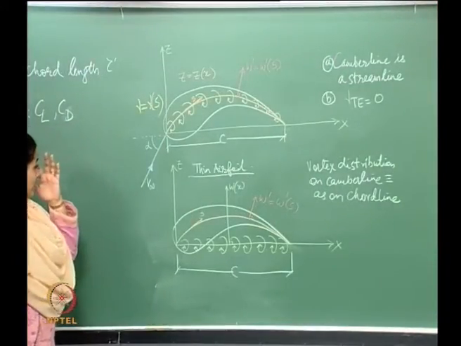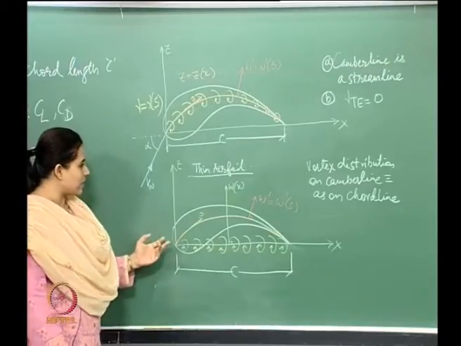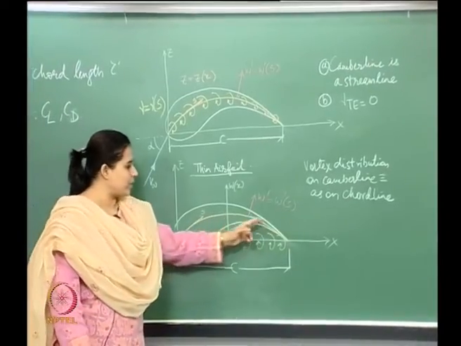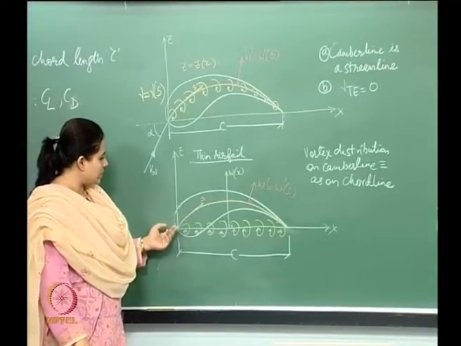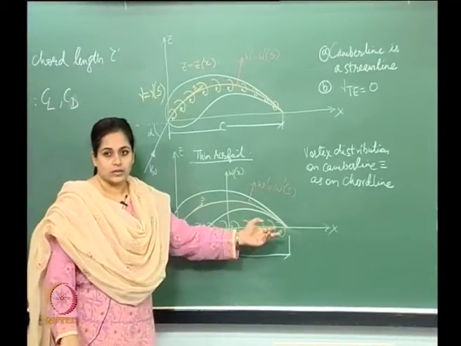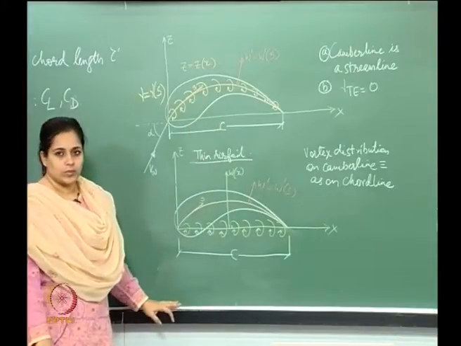This is my camber line. Now, the vorticity distribution is on the chord line, unlike in the previous case.